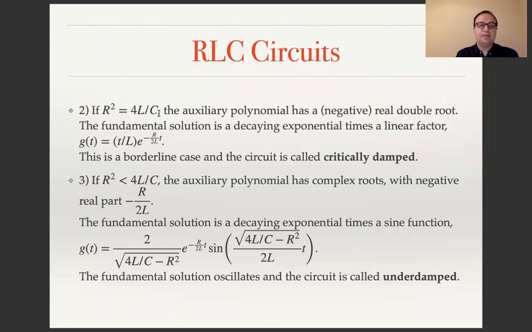If R squared is equal to 4L over C, then the discriminant of the quadratic equation is 0, and the auxiliary polynomial has a real double root, which is negative. So these roots are negative because R, L, and C are positive numbers, and if you plug them into the quadratic formula, you'll get a negative solution.